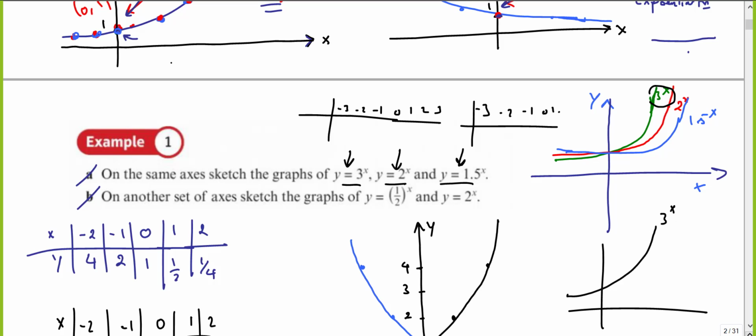When I sketch 2 power x it should be lower than this. It comes like this. But here it's higher. You see? From the right it's lower, but from the left it's higher. That's 2 power x. And finally the 1.5x.